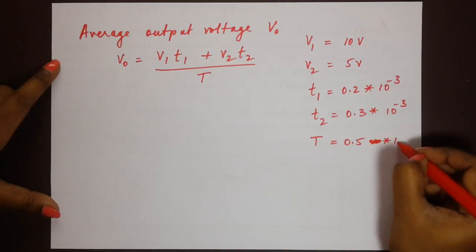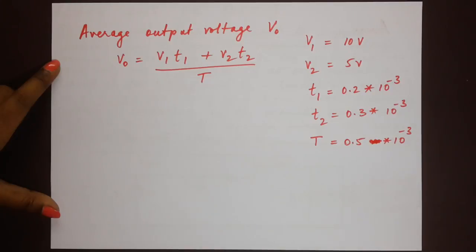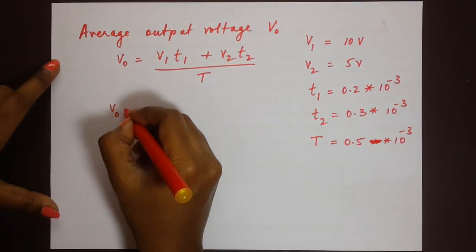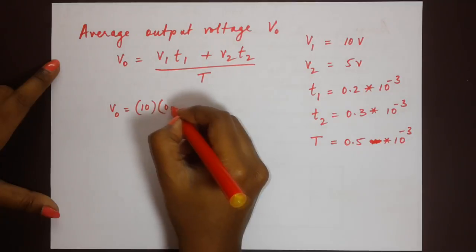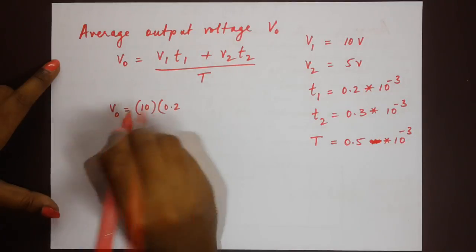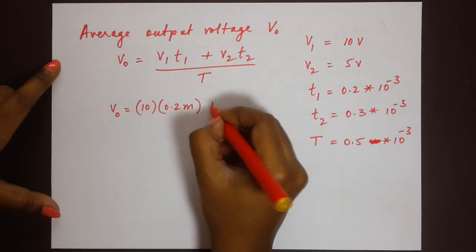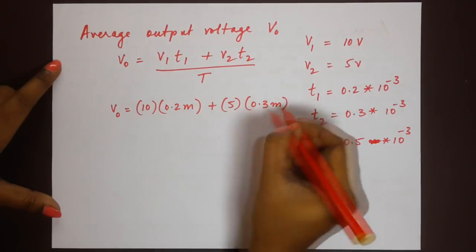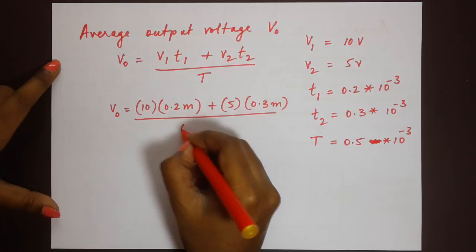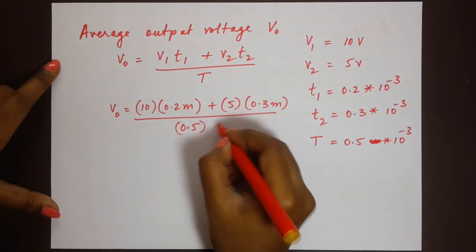So that's into 10 power minus 3, right? Okay, so let's substitute all of these values into the formula here. So we get V0 is equal to 10 into 0.2 milli plus 5 into 0.3 milli divided by 0.5 milli.